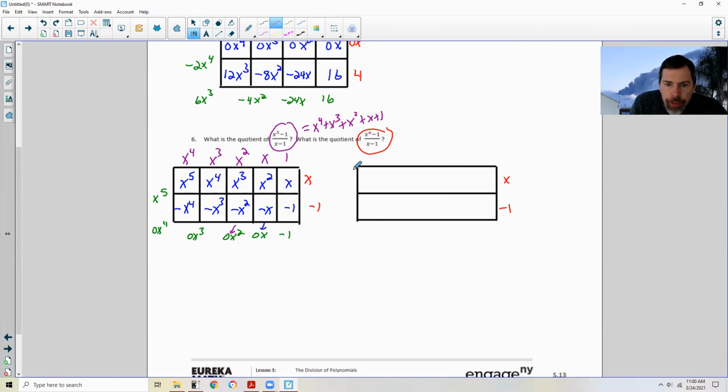And the numerator is going to be what goes around the bottom outside here. And I'm going to need several of these. So this diagonally, this was 1, 2, 3, 4, 5, 6. Now I need x to the 6th, x to the 5th, x to the 4th, x cubed, x squared, x, and -1. I need 7.